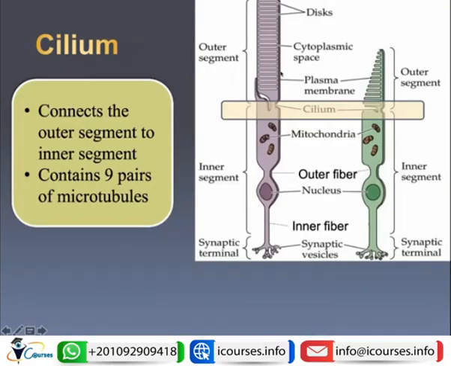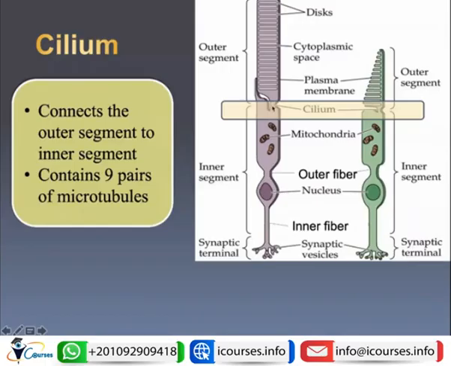After the photoreceptor outer segment, there is a filament connecting the outer segment to the inner segment, which is called the cilium. So the cilium connects the outer segment containing the discs and the inner segment, which has the mitochondria, the nuclei and other organelles.